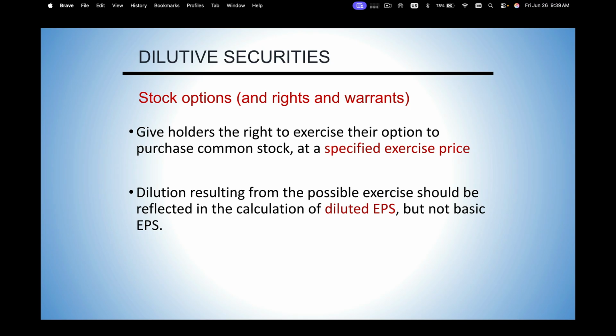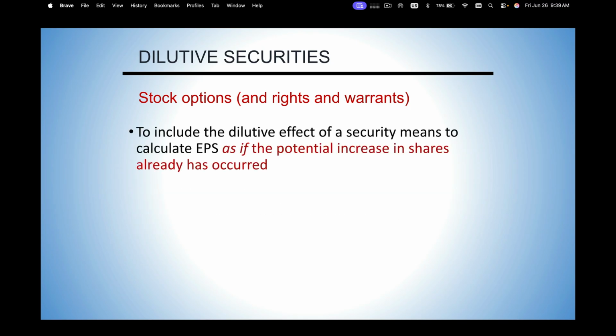And they affect diluted earnings per share, but not basic earnings per share. When we do the stock option, because we actually get cash from the holder of the stock option, they must tender the exercise price in order to get stock that's worth more at the current market value.